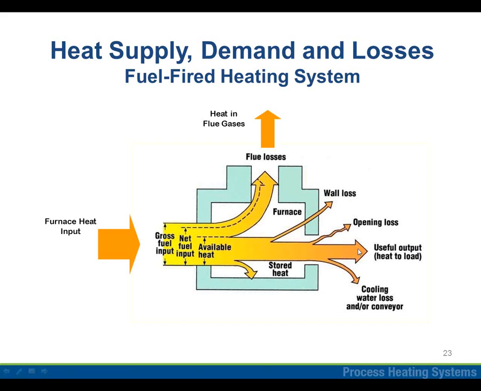Now that available heat is available for you to do useful work. And this is right here. This is basically the theoretical heat energy needed to either heat or melt whatever material you are dealing with. That's the theoretical amount of heat energy needed to do useful work. But what happens is, if you're using, let's say, 400, 500 MMBTU per pound, in reality, you are consuming almost 2,000, 2,500 MMBTU per pound.